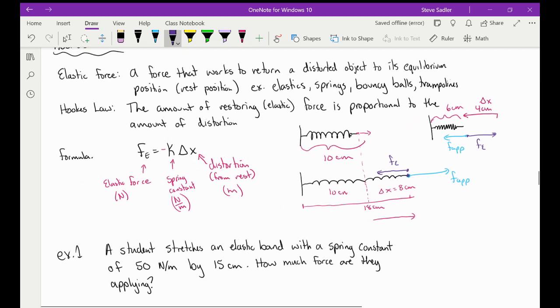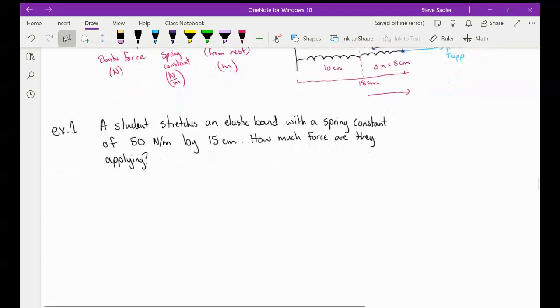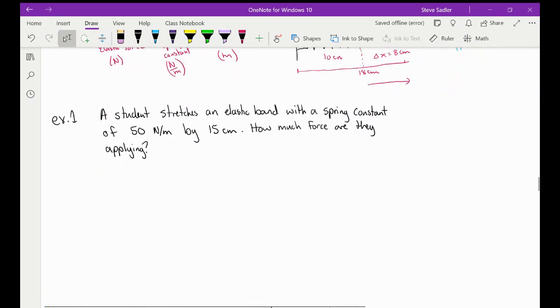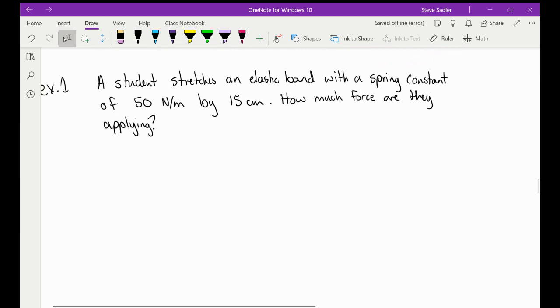Okay, let's look at an example. A student stretches an elastic band with a spring constant of 50 newtons per meter by 15 centimeters. How much force are they applying? So we know our spring constant is 50 newtons per meter. We know our delta X is 15 centimeters, and we are looking for the force.